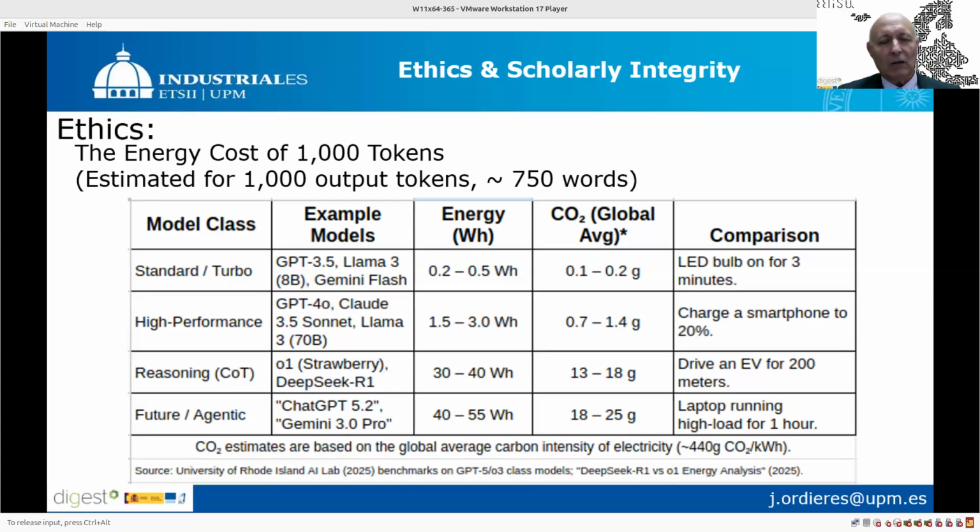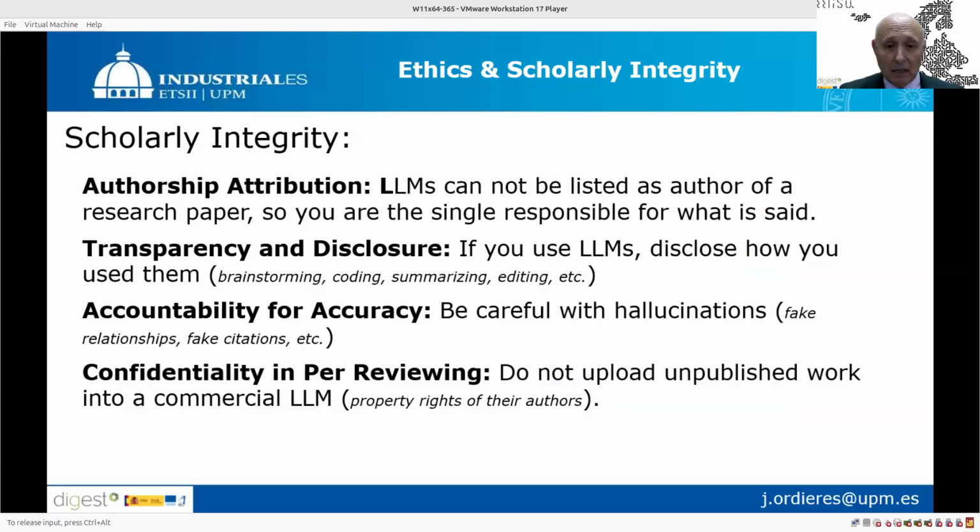I don't want to tell you not to use it. They are there to be used, but try to be consistent and efficient in the usage. And then related to integrity, well, first, be sure that the LLM is not an author. The author is you. So you are the single one responsible for the decisions made.